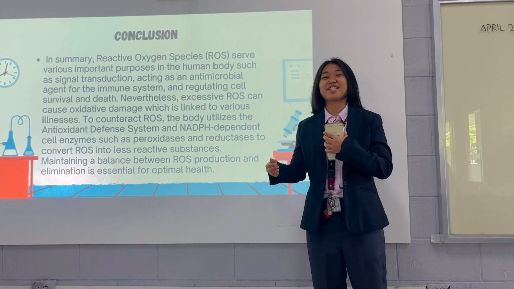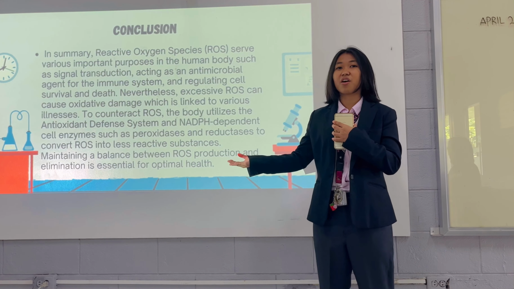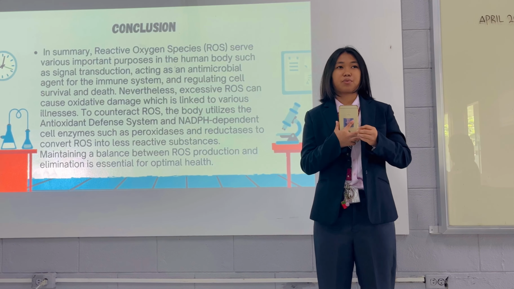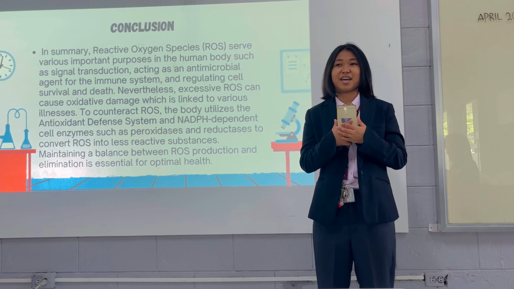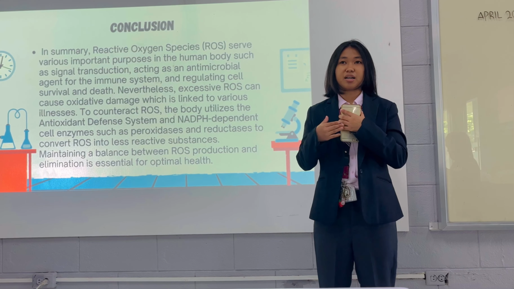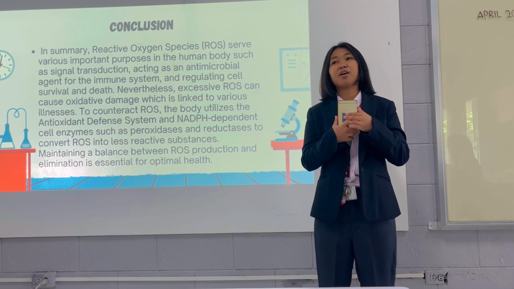Okay, so now we're done discussing the important functions of ROS and how to eliminate them. Now for the conclusion: as we said earlier, ROS has an important function in our body, such as in metabolic processes like redox reactions, where ROS is needed.